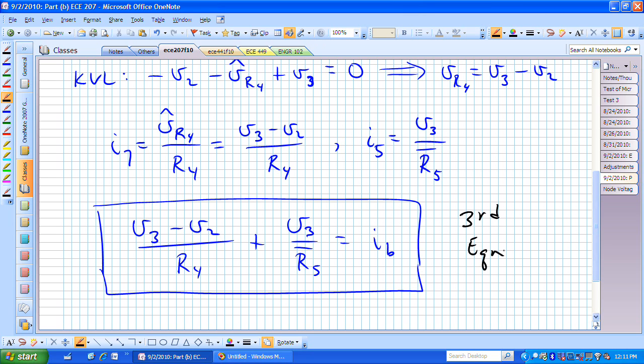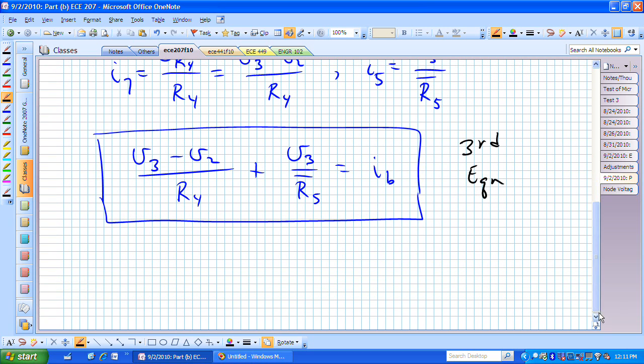Since we had three node voltages that we wanted to find, we need three independent equations in those three unknown values, v sub 1, v sub 2, v sub 3, and we can now solve those three equations in three unknowns to obtain the node voltages v sub 1, v sub 2, v sub 3. Once we have those, then we can find anything in that circuit that we want.